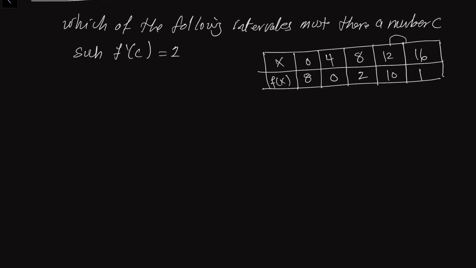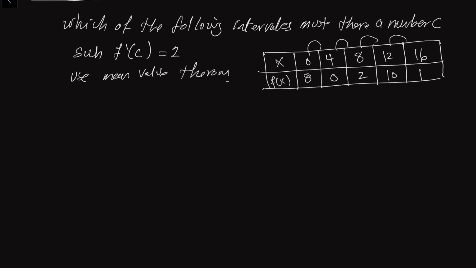So it wants to know which interval of those intervals such that f of c equal 2. All right? So this one we're going to use the mean value theorem.